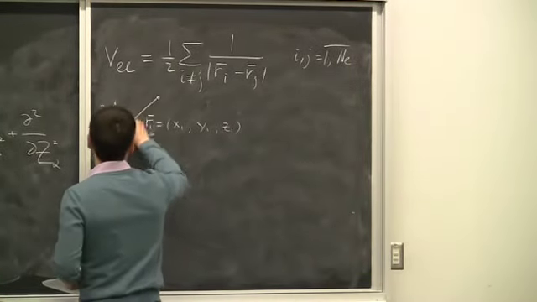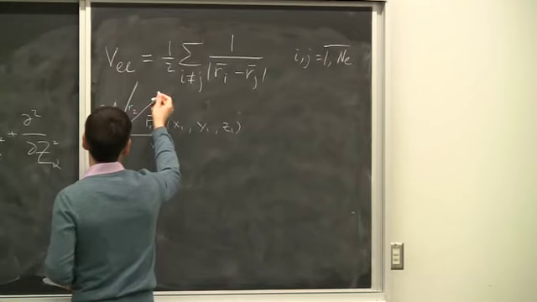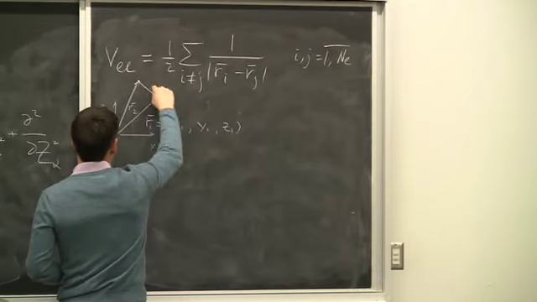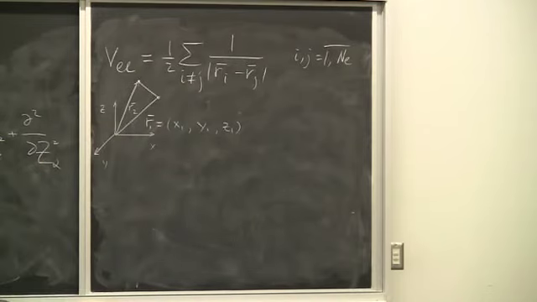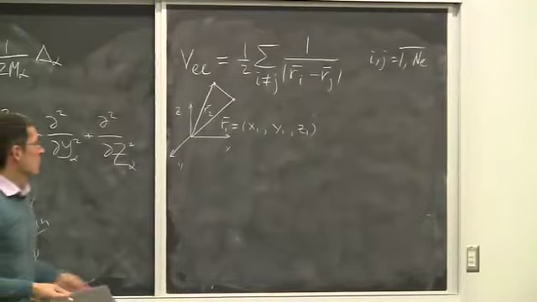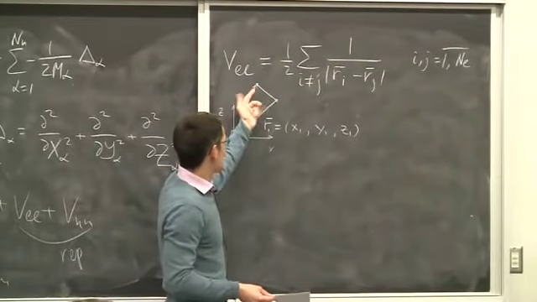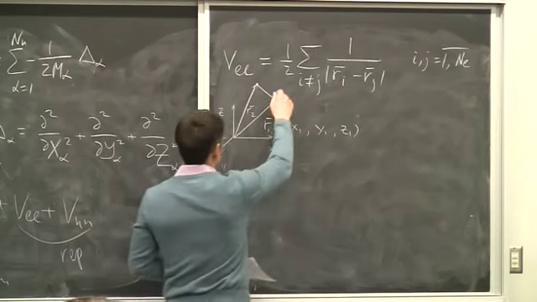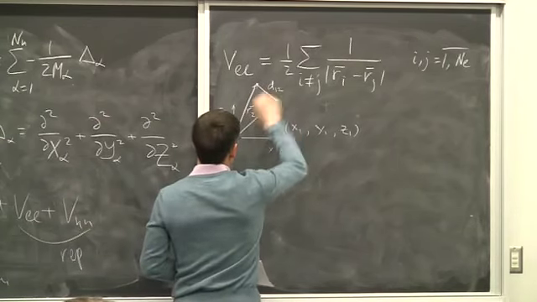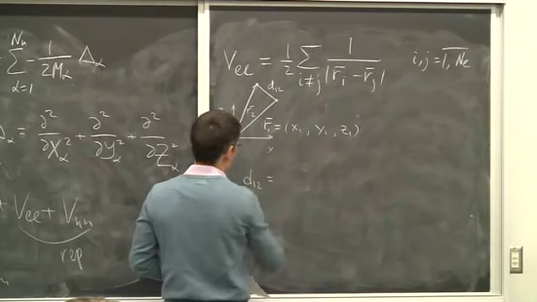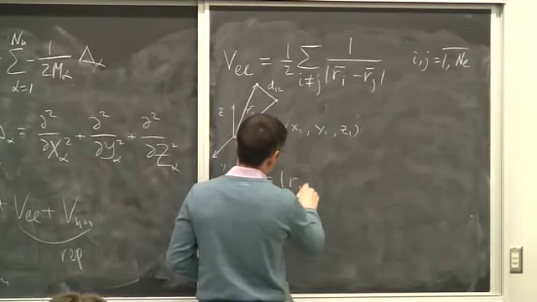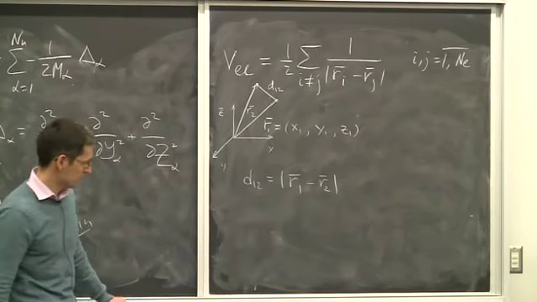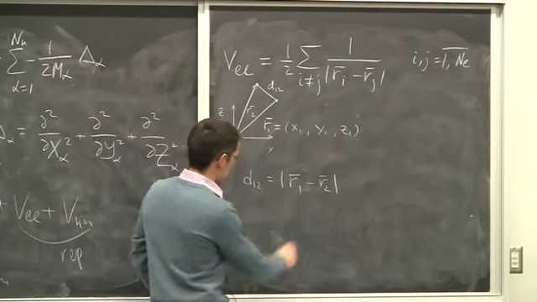and say electron 2 also has a vector, and Coulomb repulsion energy depends how close these 2 points are. Okay, and the distance d12 is given by this expression, the absolute value of r1 minus r2. What does this mean?